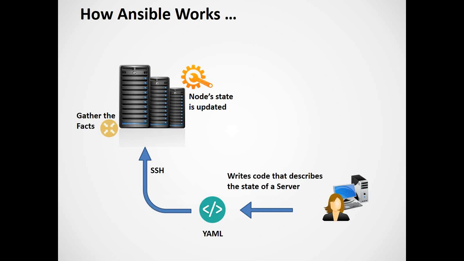In case the machine is already as we expected, it will not do anything. Only when it finds a mismatch between what we have specified and what is on the machine will it update the machine. So you just tell it what to do; how to do it is taken care of by the machine itself. Getting it?